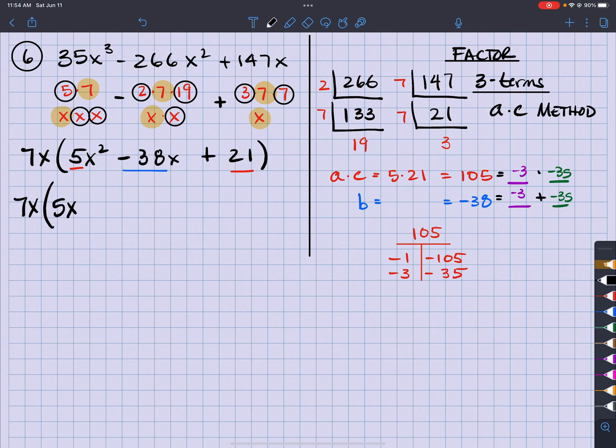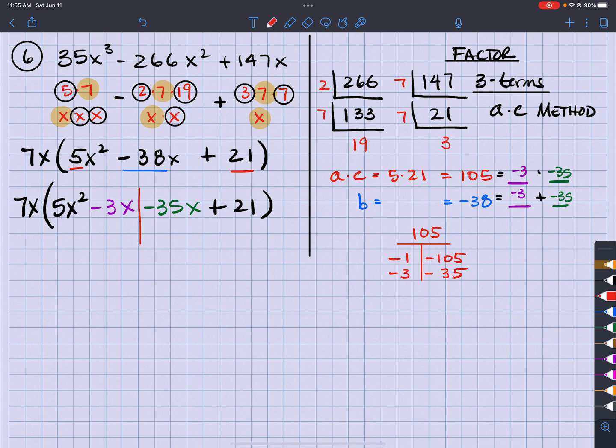I keep the first. I'm going to split the middle one, which is the negative 38x, into negative 3x minus 35x plus 21. So now here I have 4 terms.